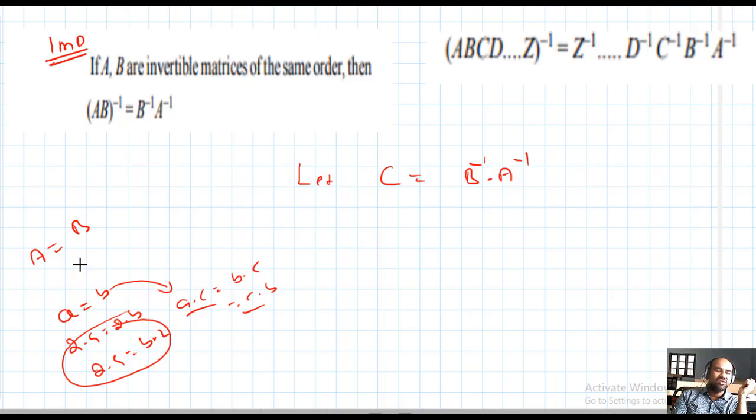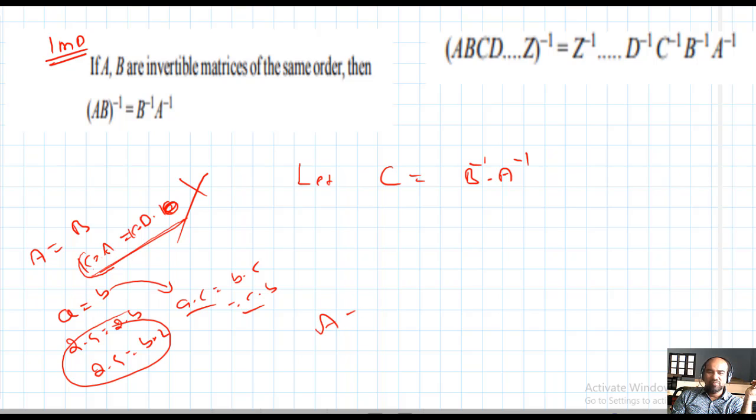If A equal to B, K into A equal to B into K becomes wrong. We multiplied K on one side, but what should we write? Pre-multiplication of K, you should say. Pre-multiplication of K means K on the left hand side. K into A should be equal to K into B only, not B into K, because the product of matrices won't satisfy the commutative property. Understood?